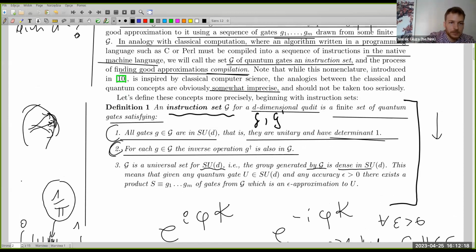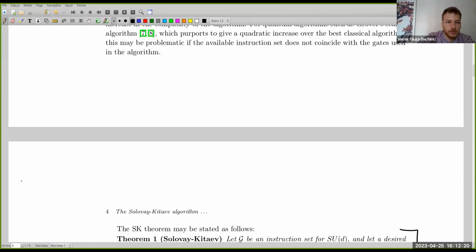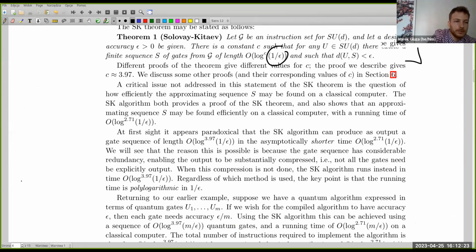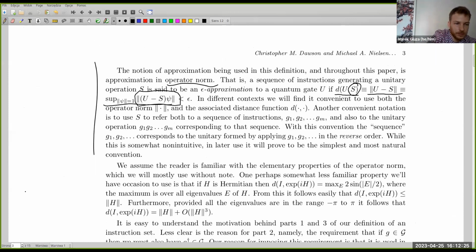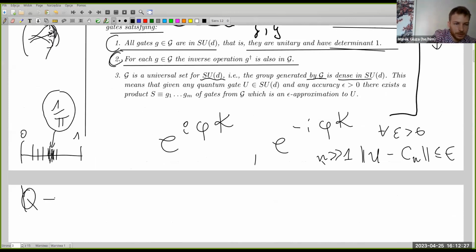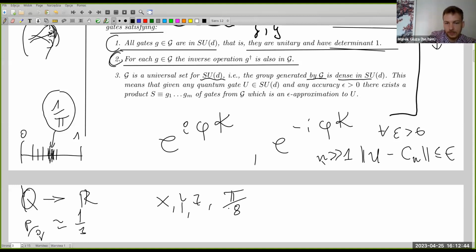So here we have rational numbers converge. So rational numbers P and Q, integers like, I don't know, 1 over 3 and so on. And here we will have full angles, so X, Y, Z, and this pi over 8 rotation.